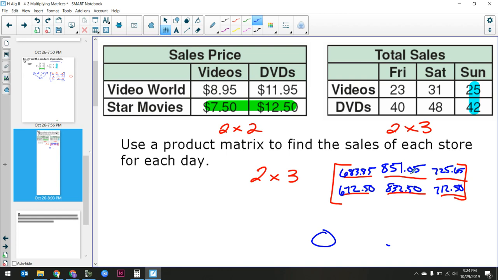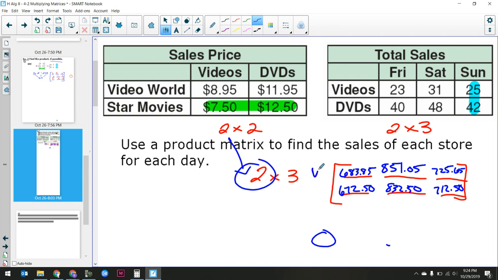Now, what the heck do these numbers mean, right? Well, think about it. If I wanted to apply the labels back again, what did I use? Where did this 2 come from? This 2 came from this guy right here, so this was the number of rows out of this matrix. So I'm going to use the labels of rows.